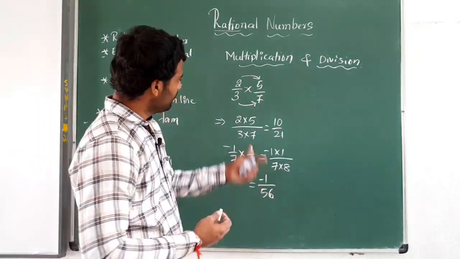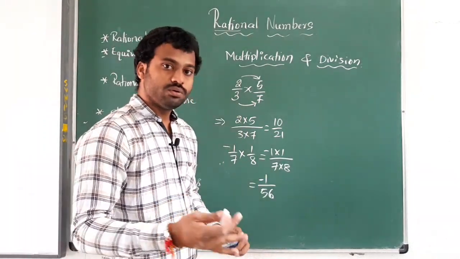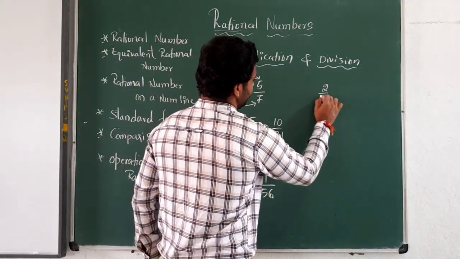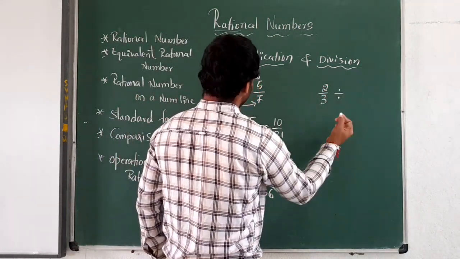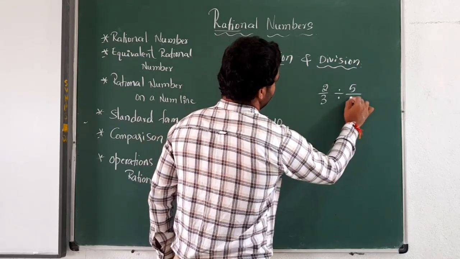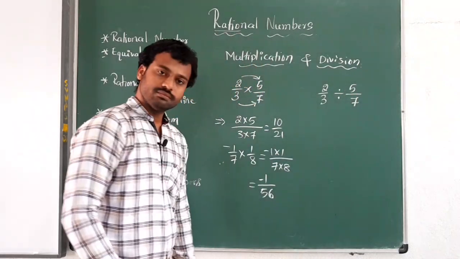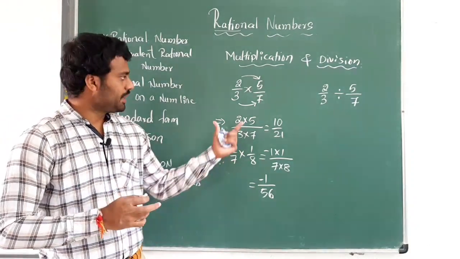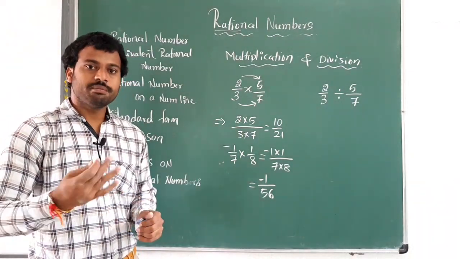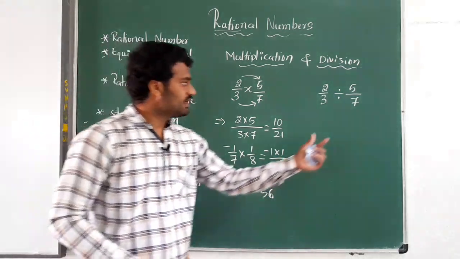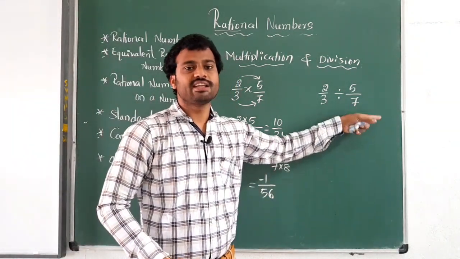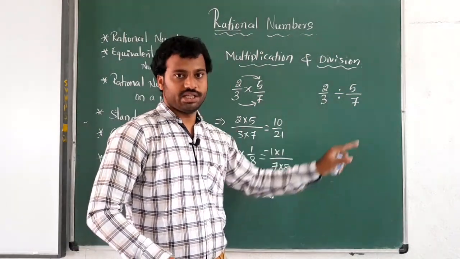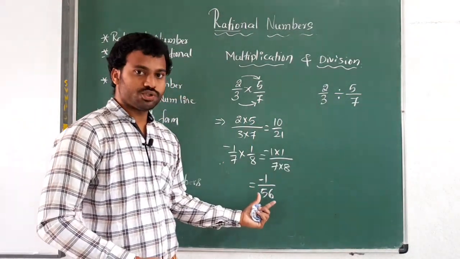In the division, I will take the same numbers and explain. See, 2 by 3 divided by 5 by 7. In the division, there is one step more compared to the multiplication. The step is what? Always for the second number, you should take the reciprocal, and you have to change the sign from division to multiplication. Why? Because multiplication is so easy, no?